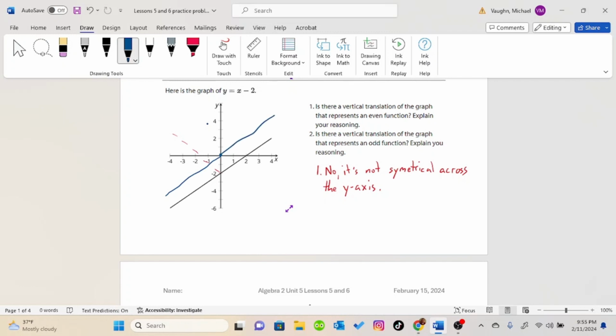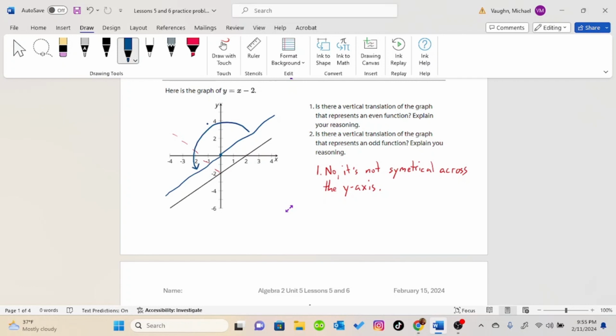Now, if I took this side, the right side of the graph, and I rotated that around the origin, these would line up. You can think about folding it diagonally down and lining up. You can think of it as folding the right half over onto the left and then folding it down across the x-axis.